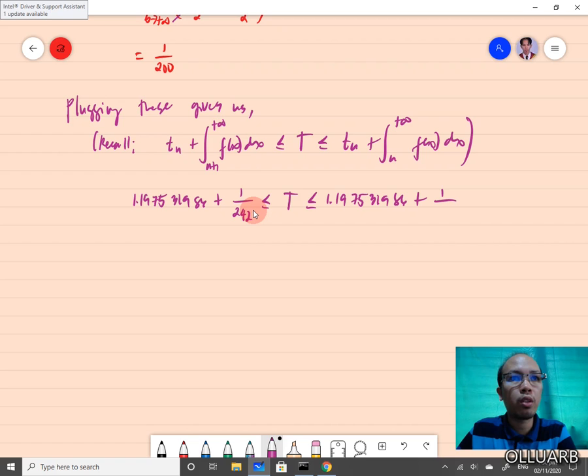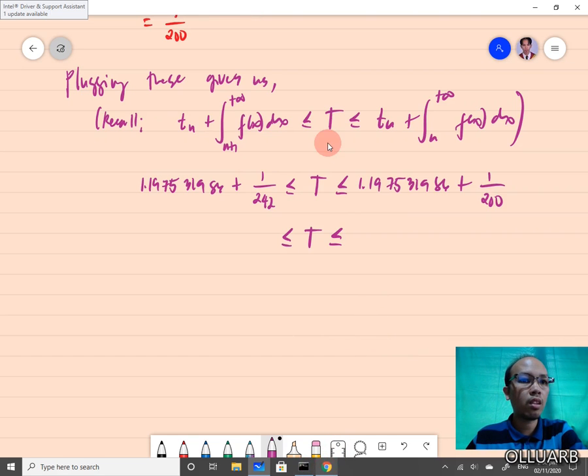This is 1 over 200. Okay, and if you simplify this, you will get the bound of our actual sum. So get the value of this one first, using your calculator.